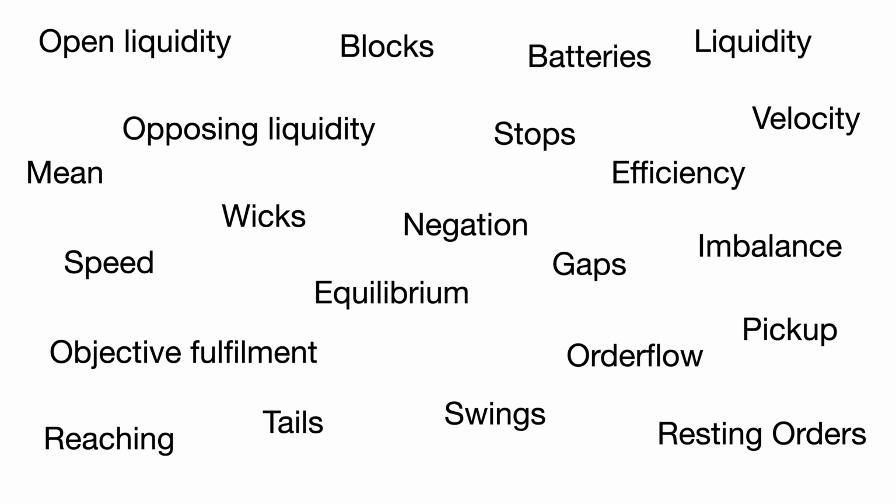Open liquidity, where is it? Opposing liquidity, the wicks, negation, efficiency, gaps, equilibrium, all of this stuff, order flow, pickups, and so on. It's all right there in front of you on the chart. And you have to be able to put all of this into context, in a place where it makes sense.